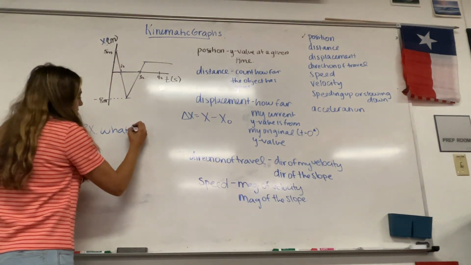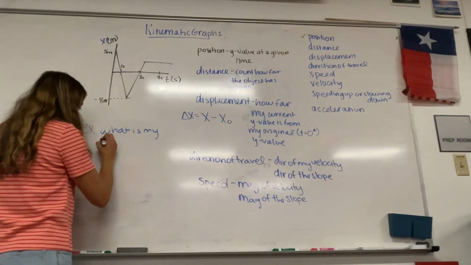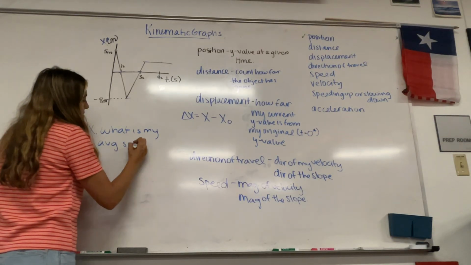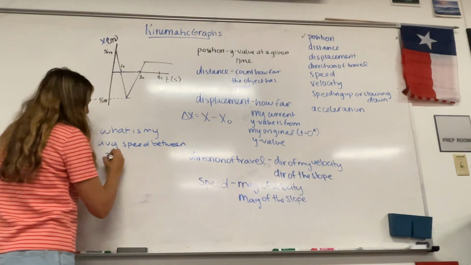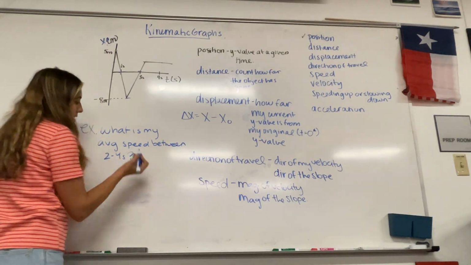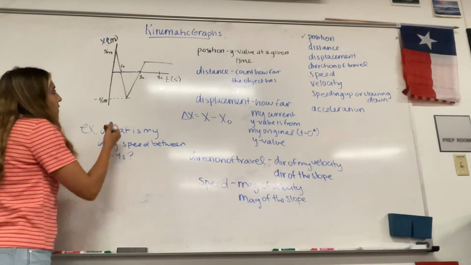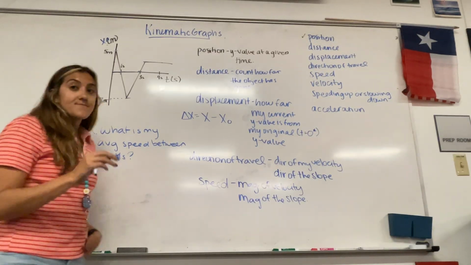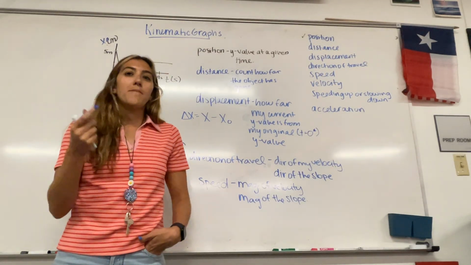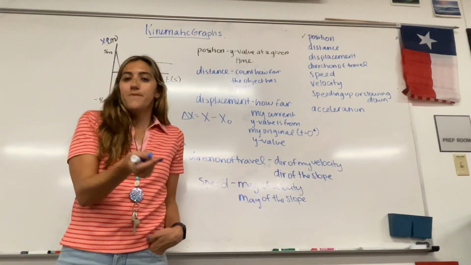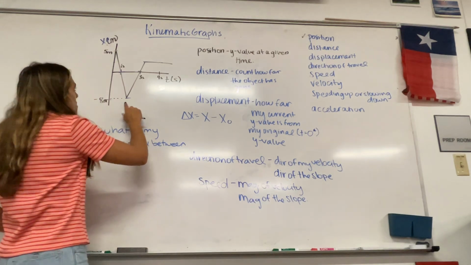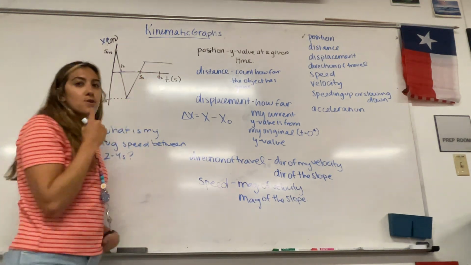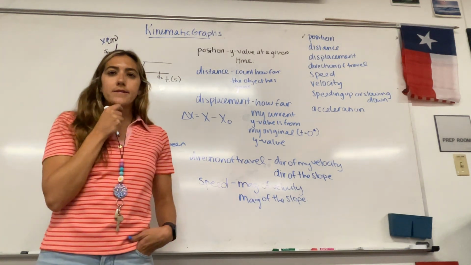So to do this, if I want to know what is my average speed between 2 and 4 seconds, well, I just want to know what my slope is between 2 and 4 seconds, right? I could just calculate it. So from 2 to 3.2 seconds, it's something.